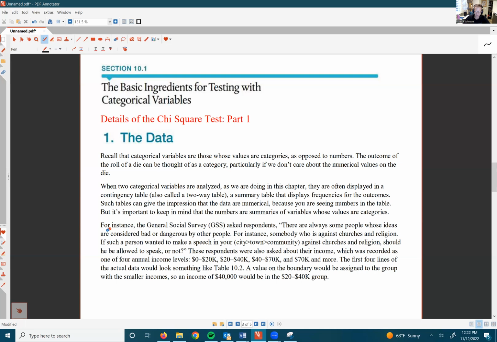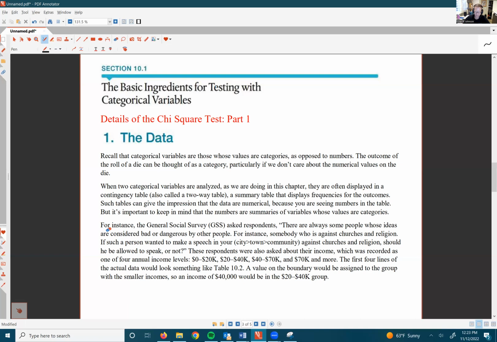If such a person wanted to make a speech in your city, town, community against churches and religion, should he be allowed to speak or not? These respondents were also asked about their income, which was recorded as one of 4 income levels, 0 to 20,000, 20 to 40,000, 40 to 70,000, and 70,000 and more.